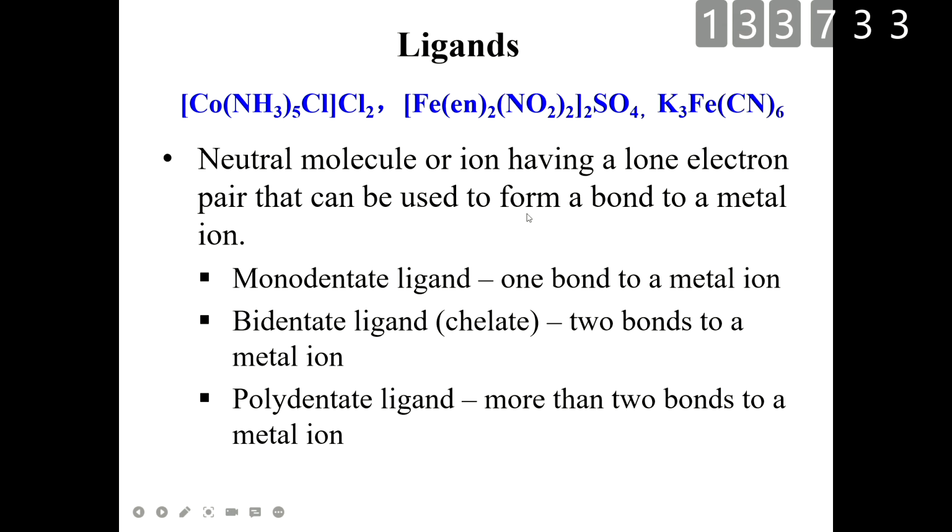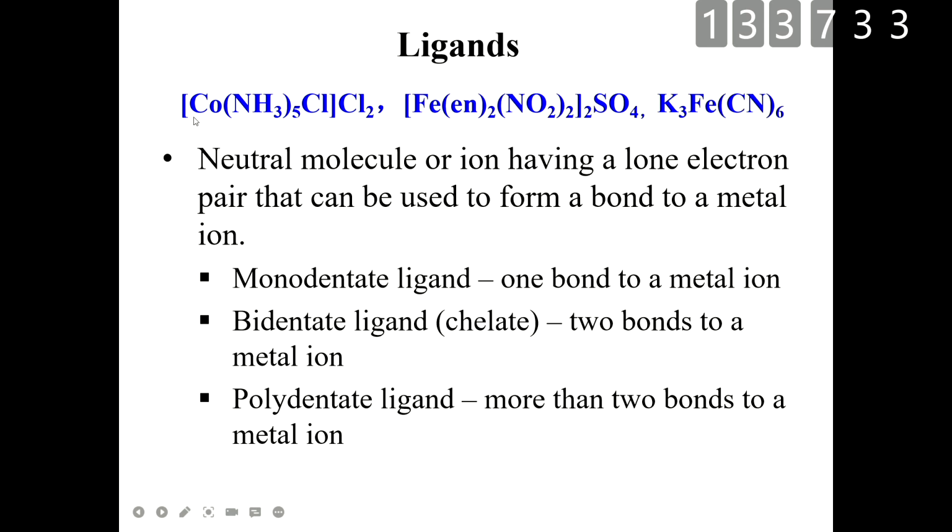So a neutral molecule or ion having a lone electron pair that can be used to form a bond to a metal ion. Okay. A neutral molecule like this, okay, this is a neutral molecule. Or an ion like chloride.